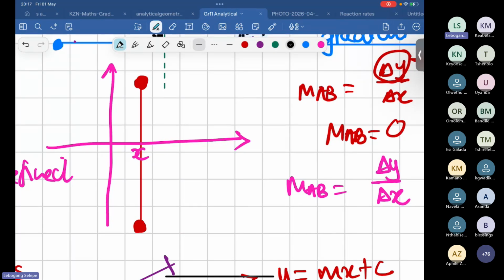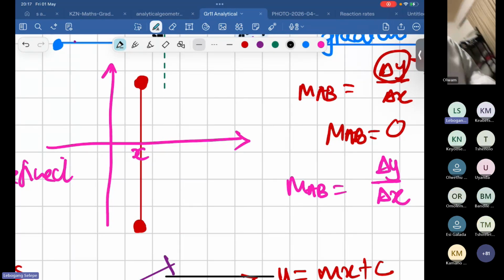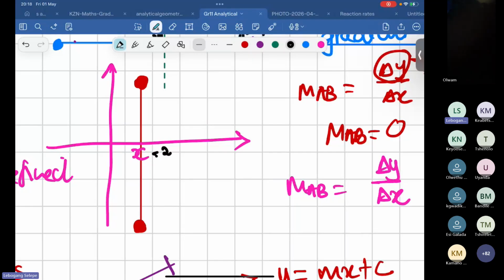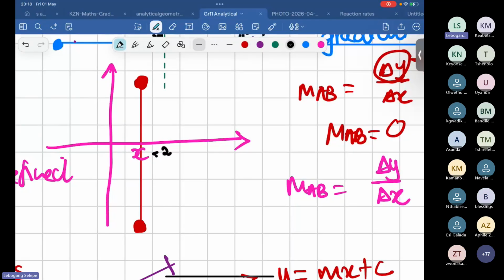So a vertical line will have the same x value because it's going to sit exactly on the same x value. If this is x = 2, for example, that line is going to sit on x = 2. It's not going to change its x values.